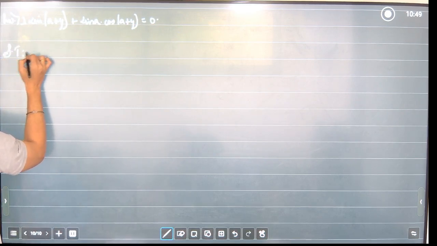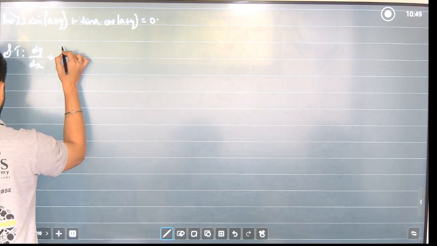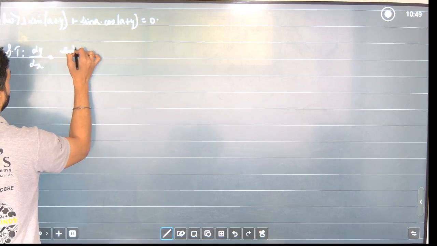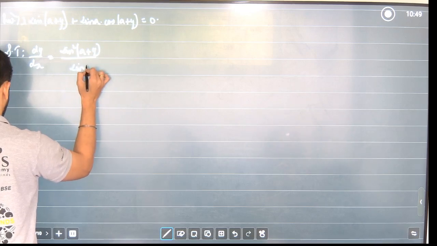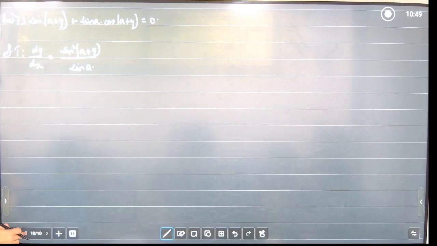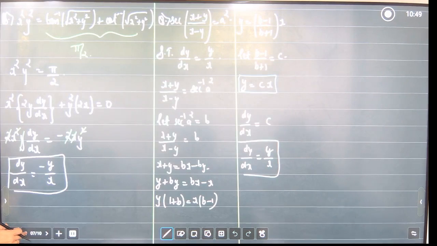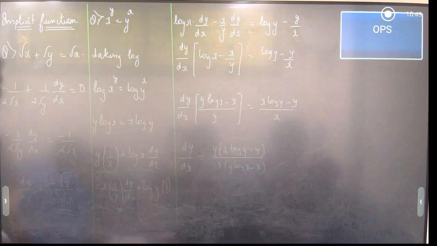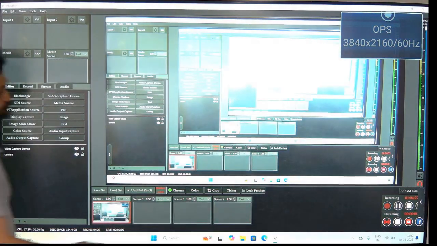Show that dy by dx is equal to sin square a plus y upon sin a. Start solving.